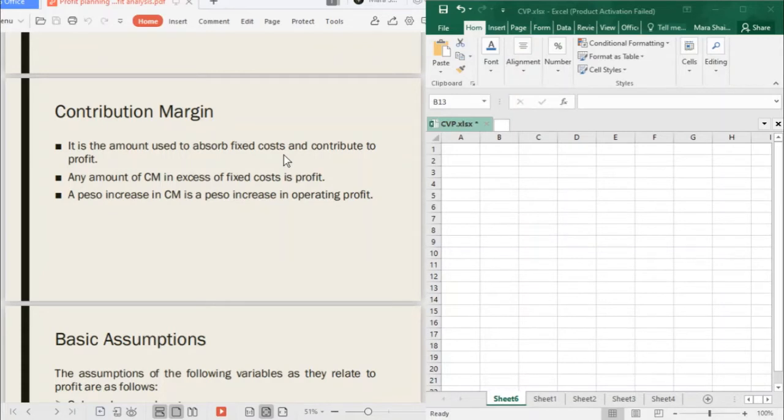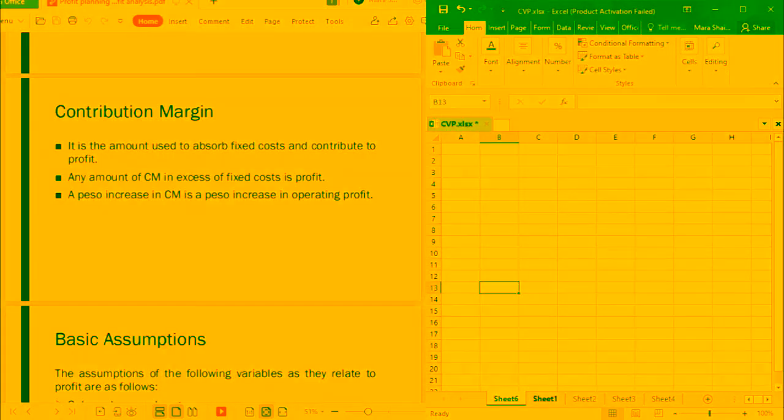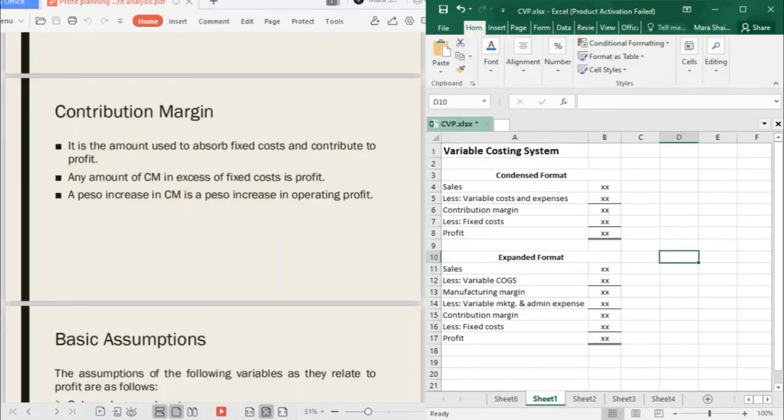Contribution margin is basically the difference of your sales and your variable costs. I will show you the pro forma entry. Here, you can see your contribution margin is the difference of your sales and your variable costs.